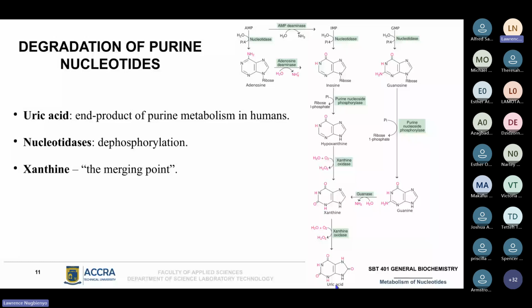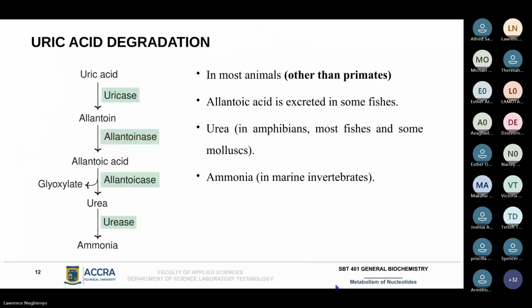Now, in other animals, other than primates, like some fishes, for instance, uric acid undergoes further oxidation to give you a product, allantoin, which will then get excreted.